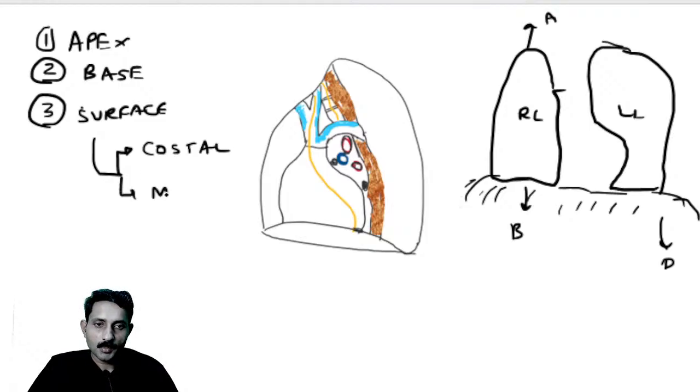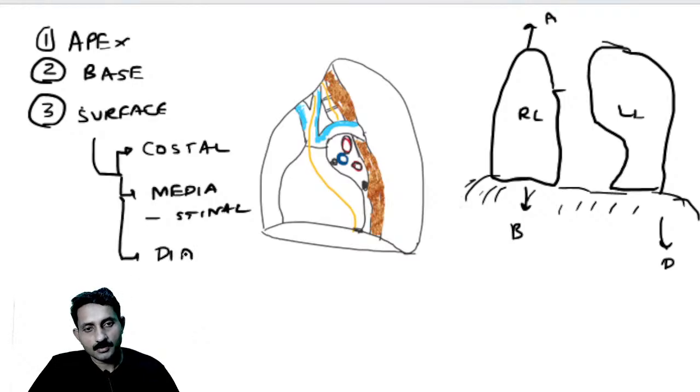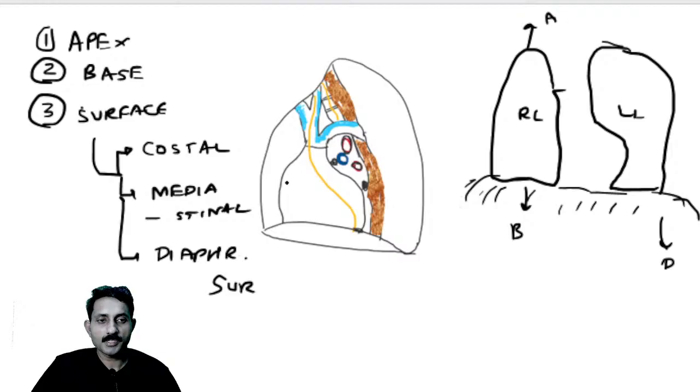Then we got mediastinal surface, and last is called diaphragmatic surface. Okay, diaphragmatic surface. So, how many surfaces are there? So, this part is called the apex of the lung, both lungs. What is it? This is the apex. Base of the right lung and base of the left lung.